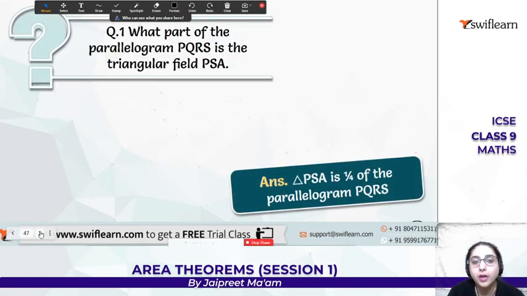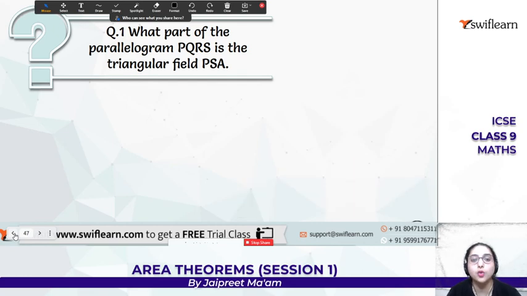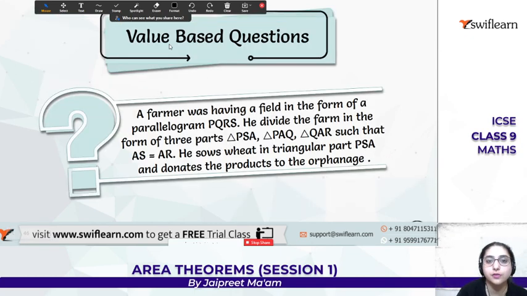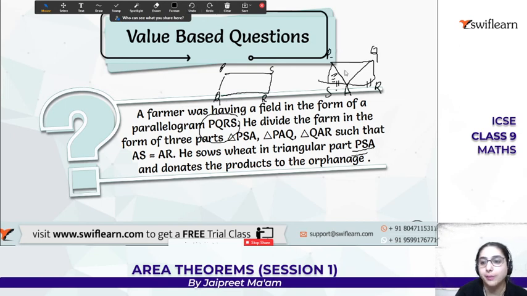What part of the parallelogram PQRS is the triangle field PSA? So triangle PSA will be 1/4 of the parallelogram as I've shown in the figure. We have 3 triangles PSA, PAQ and QAR.